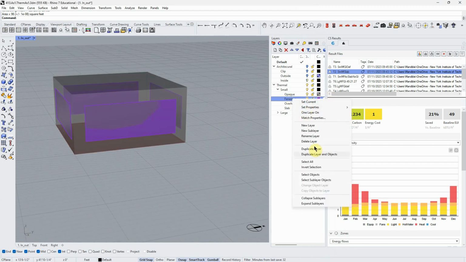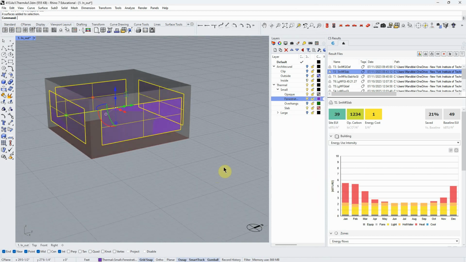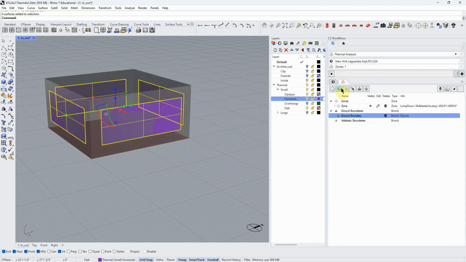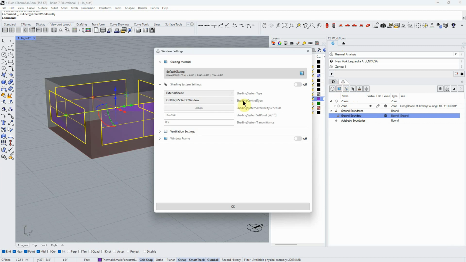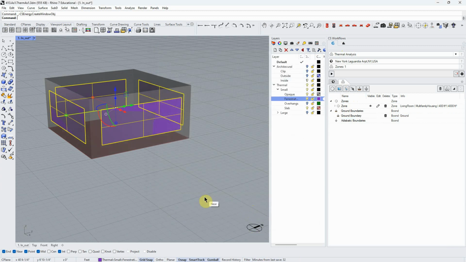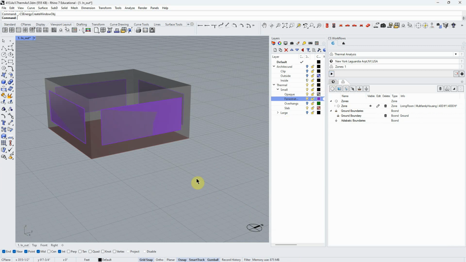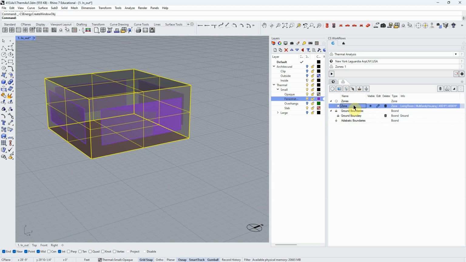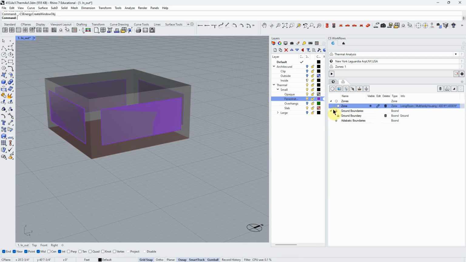I'm going to now select them, and I'm going to add them as windows. So here, add windows. I'm just going to leave the default glazing, which is a single pane glass with a high solar heat gain coefficient. We'll talk about glazing in another video. So now I can run my model, so I've got a slab, I've got my walls, or my envelope, and I have windows.